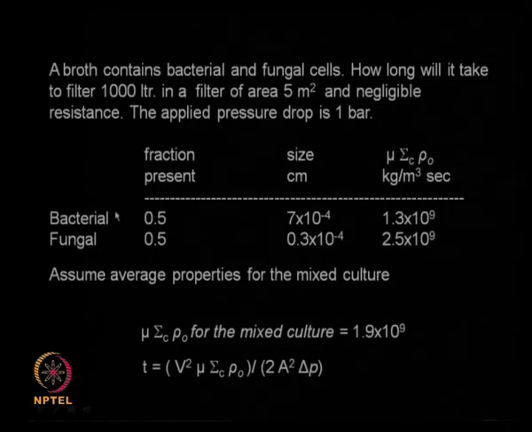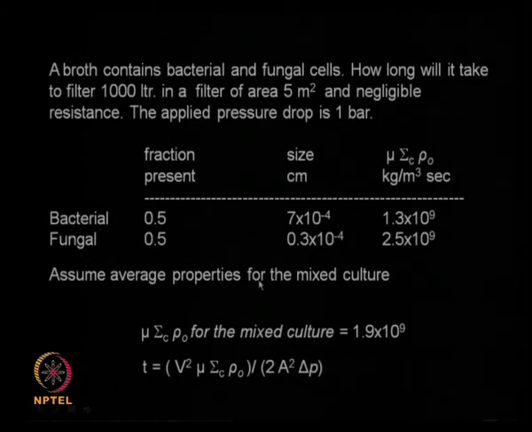Now the bacterial cells have certain properties, like the size is given here 7 into 10 power minus 4 centimeter, and the resistance offered by it is given here 1.3 into 10 power 9, whereas the fungal size is different and resistance offered is also different, and we will assume a 50-50 ratio of the bacterial and fungal.